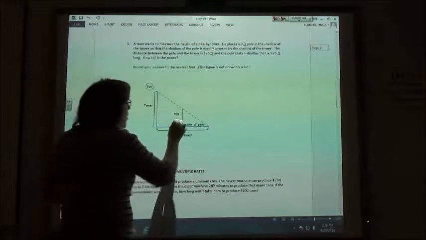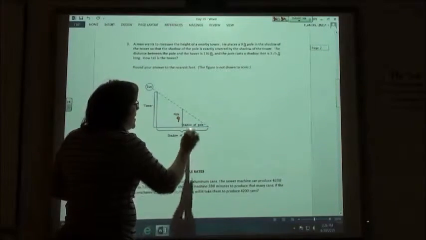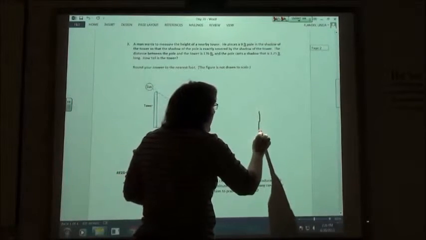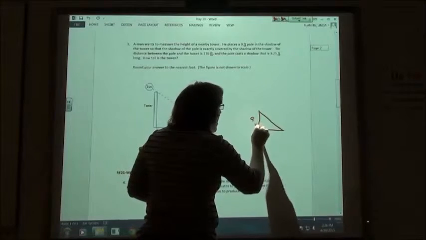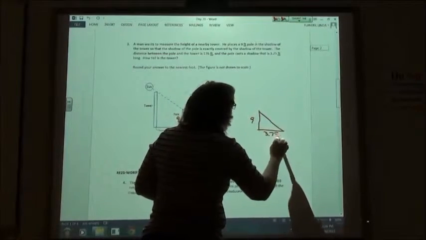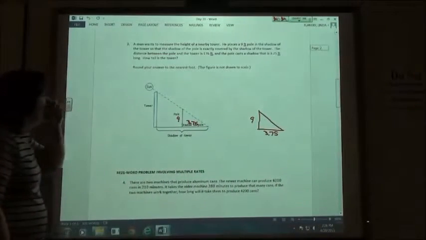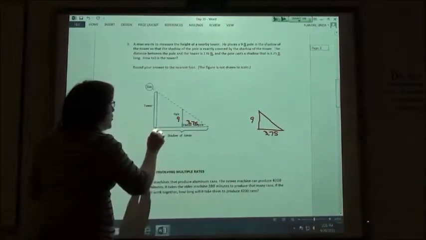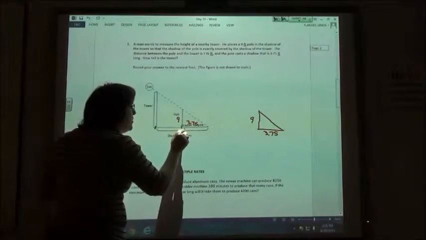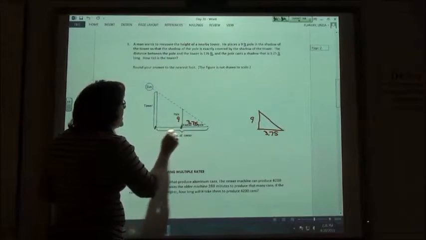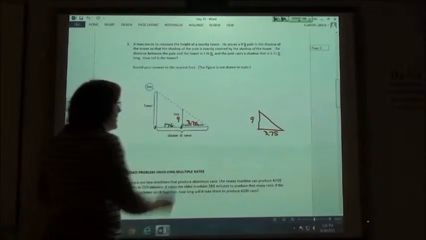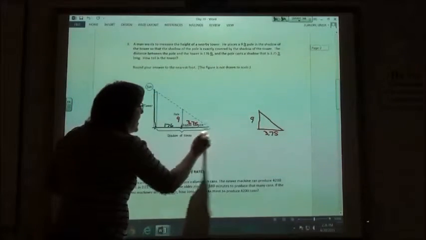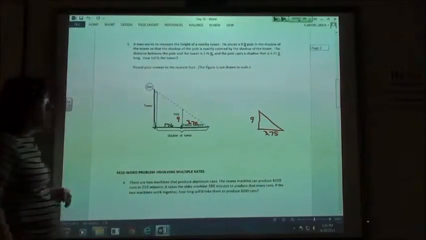So, my pole is 9 feet. My shadow is 3.75. So my small triangle, I have 9 and 3.75. Then it tells me the distance between the pole and the tower. So here's my tower and here's my pole. This distance is 176. But when I do my triangle, I need the shadow of the tower.